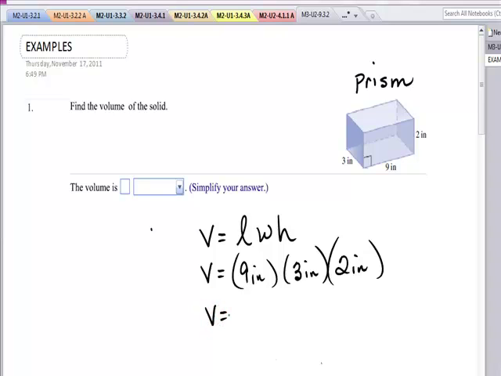So it's 9 times 3 times 2, which gives me 54 inches times inches times inches. You could say it's inches to the 3rd power, or you can say it is cubic, abbreviated CU, inches. And this is another one of those problems where you'll type in the 54, and then you'll do the pull down menu, and you'll be looking for cubic inches.